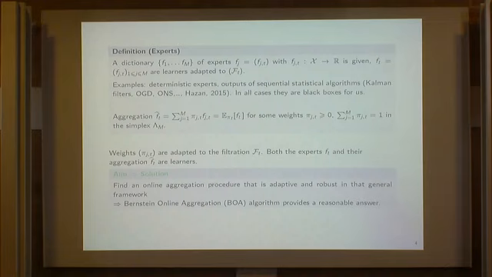The experts are now sequences of adaptive learners, in the sense that these experts can be thought of as inputs and outputs of black boxes that are statistical and online algorithms.